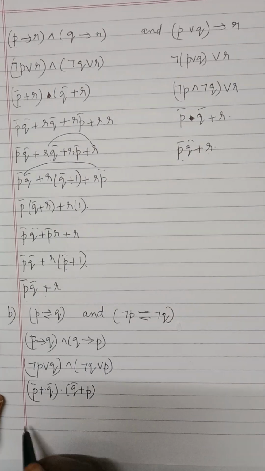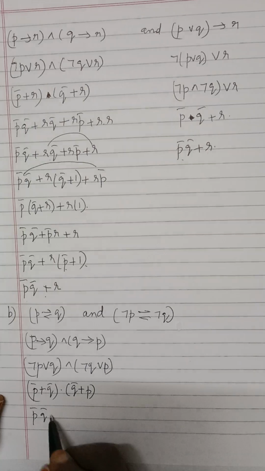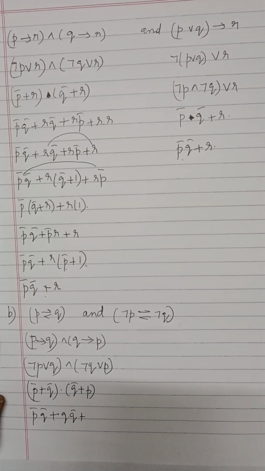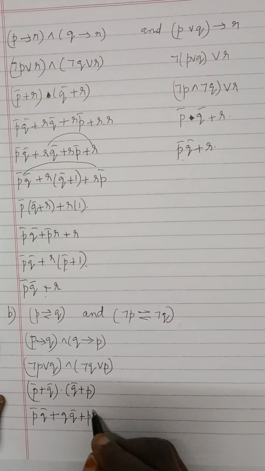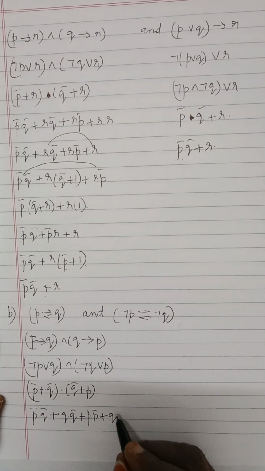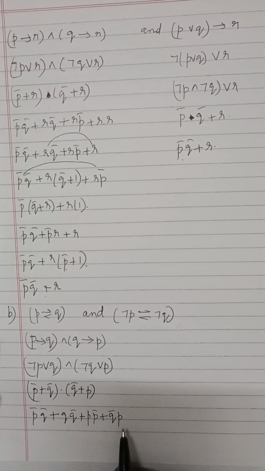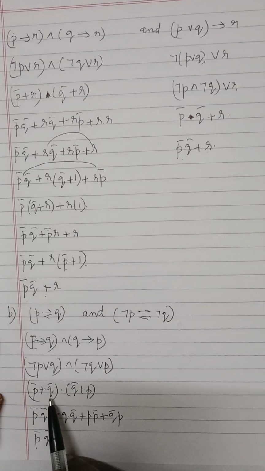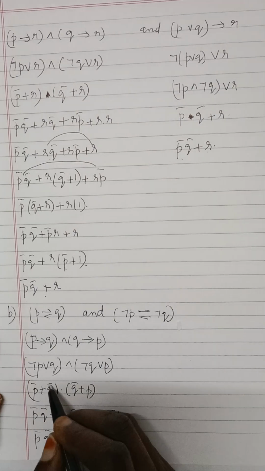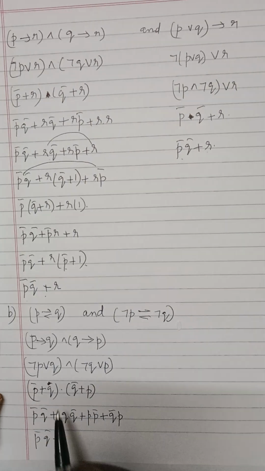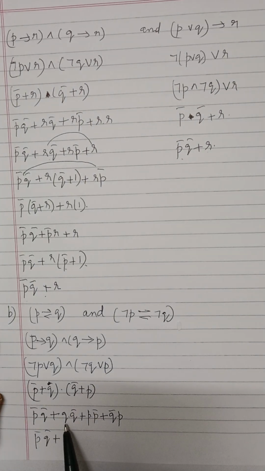So multiply it: P bar Q bar plus P bar P plus Q Q bar plus Q P, that is P into Q. So here P bar Q bar plus P bar P, and Q into Q bar.